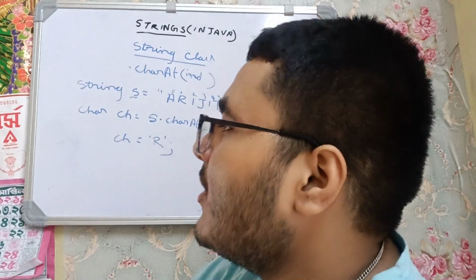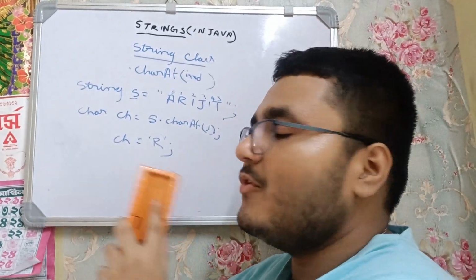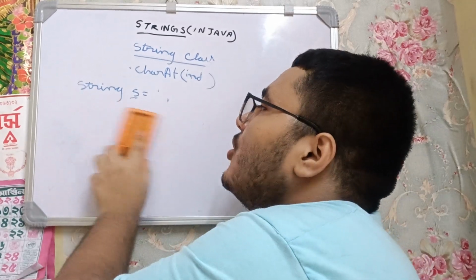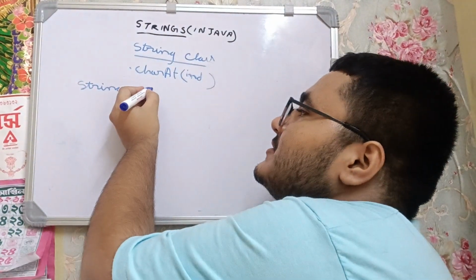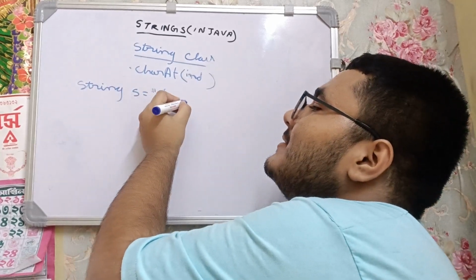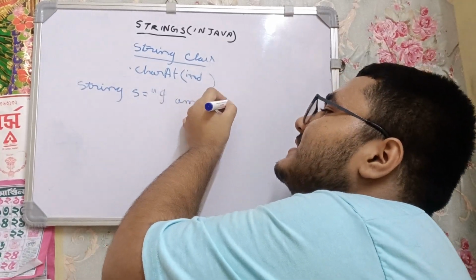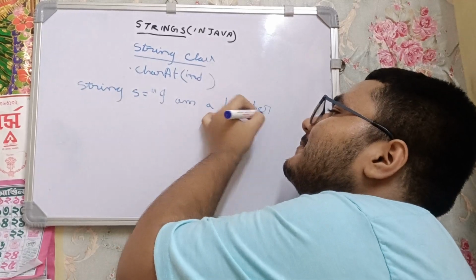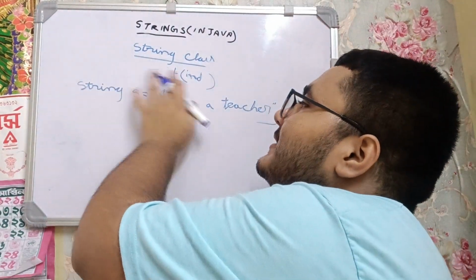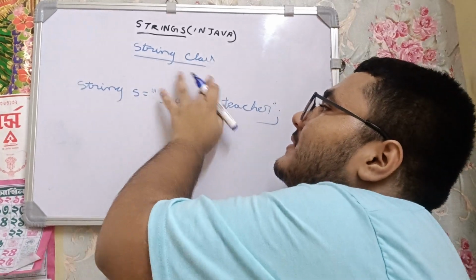Another function we have that I forgot to mention is substring. Dot substring. Say I am writing "I am a teacher", and say I am considering s dot substring.